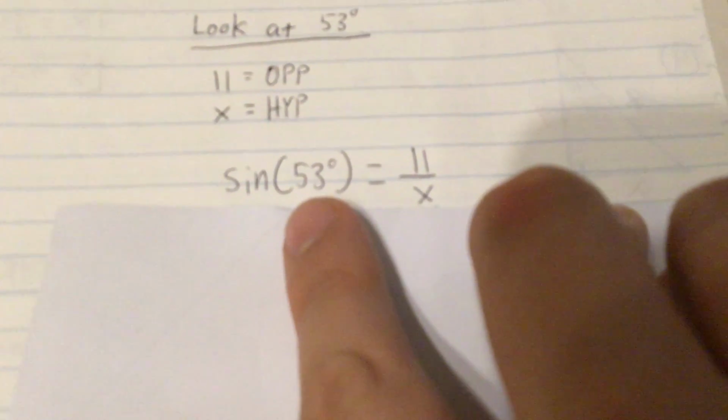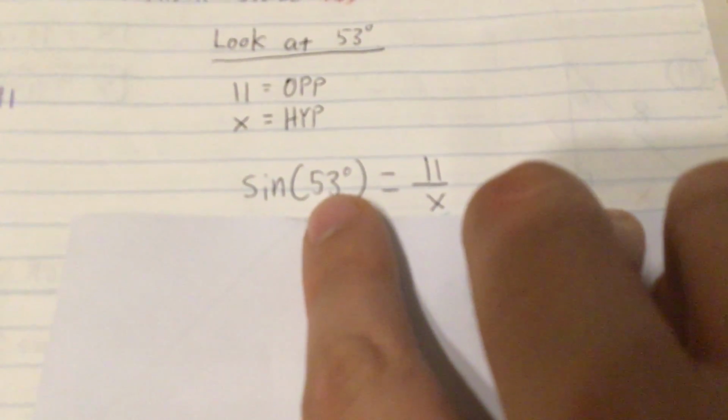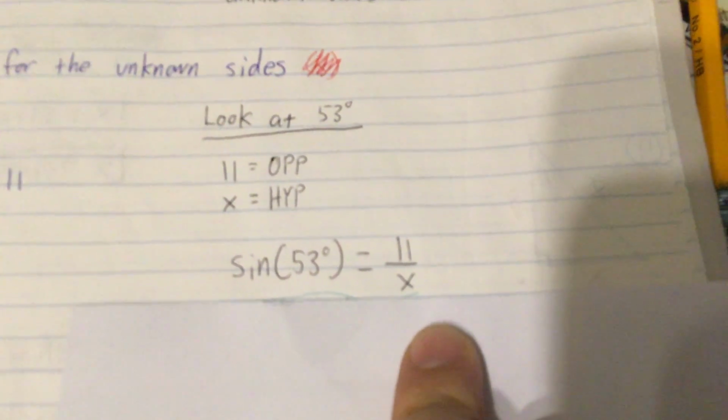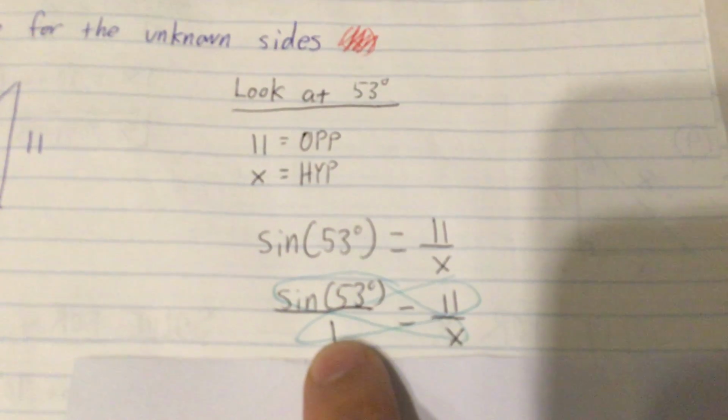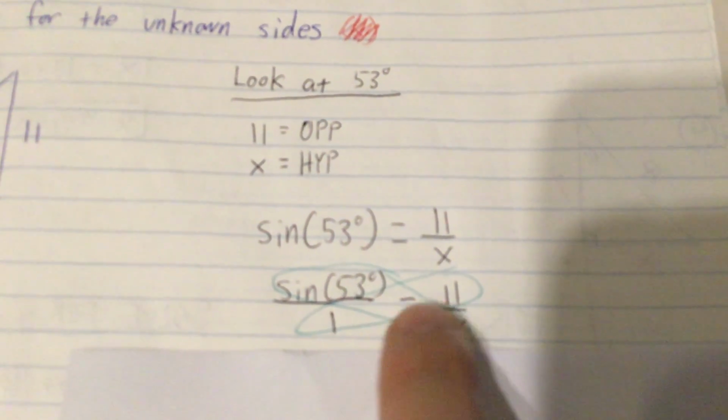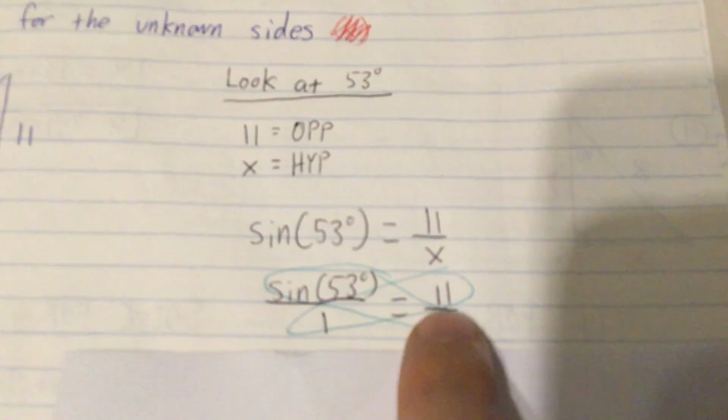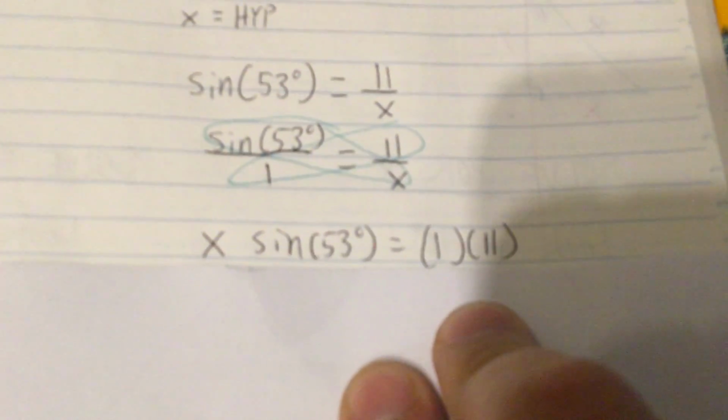In particular, the sine of 53 degrees is proportional to the diagram's 11 over x. Now remember, I can always make this sine of 53 degrees over 1 to make it an equivalent proportion. Then I can cross multiply. Sine of 53 degrees over 1 is equal to 11 over x, so 1 times 11 is equal to x times sine of 53 degrees.